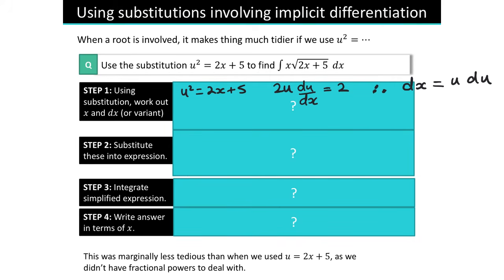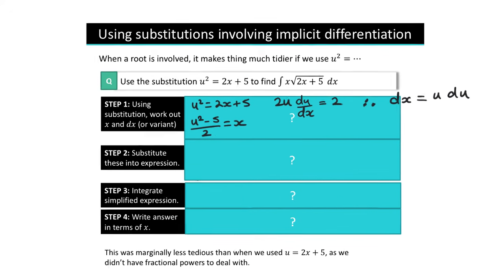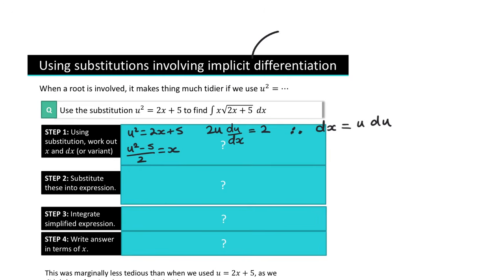Then what else do we need to do? We need to rearrange. So u squared minus 5 over 2 equals x. Okay? Right, so to explain this part one more time, do you remember in the chapter when we did implicit differentiation, if we were to have 2y equals 4x, how would we differentiate this? We differentiate 2y, which becomes 2, and then because we differentiated y, what do we write? dy dx, right?